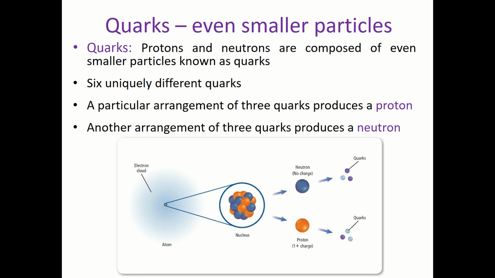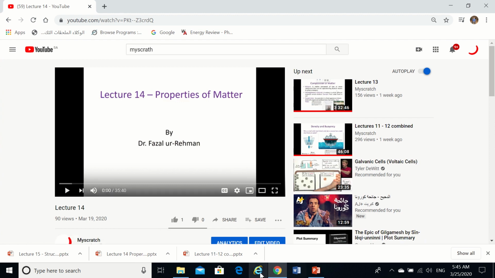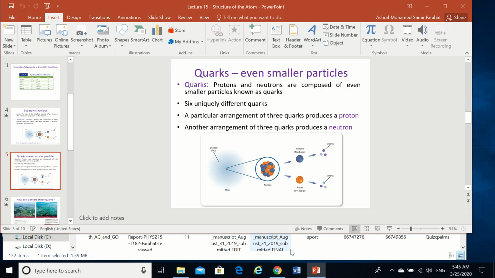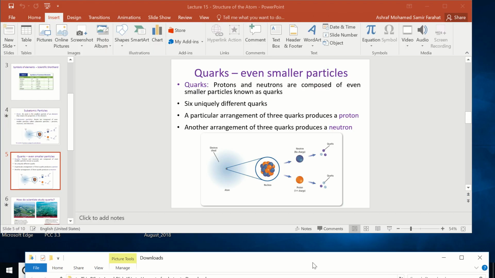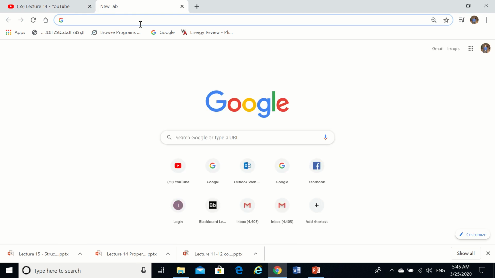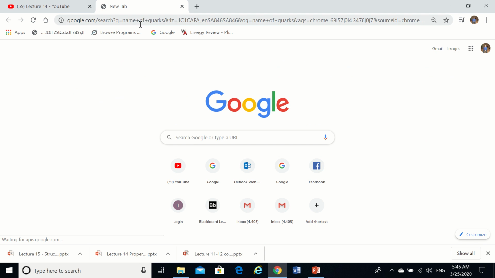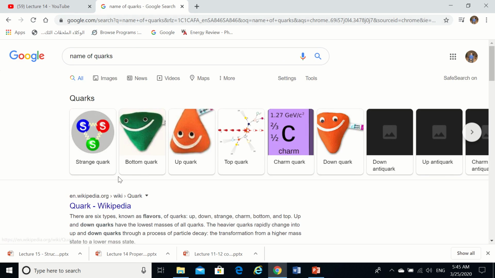Okay, we can check the name of the quarks. So we have strange, bottom, up, top, yes, charm.